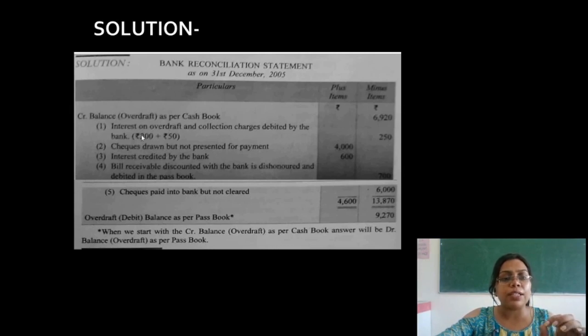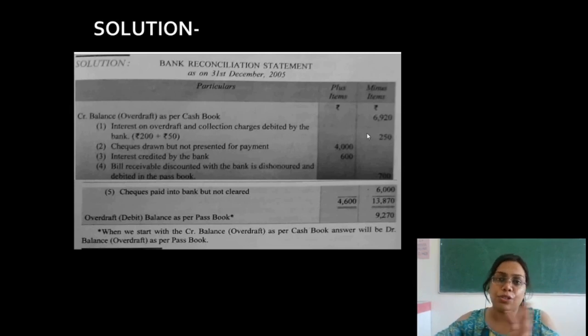You can also show them separately in the format, interest on overdraft 200 and collection charges 50, which makes 250.